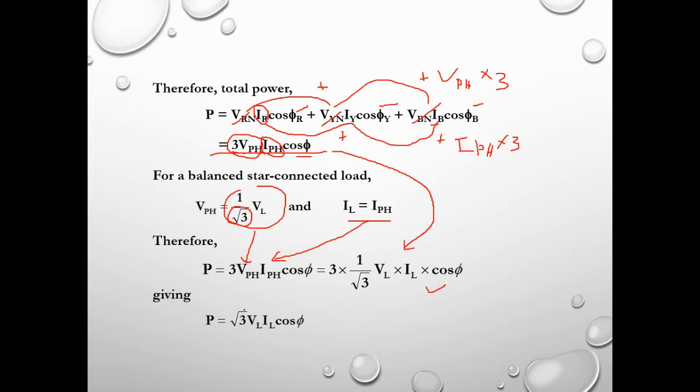This gives us a more simplified equation, P equal to square root 3 VL IL cos theta, and this is a very useful equation once you come to system analysis.